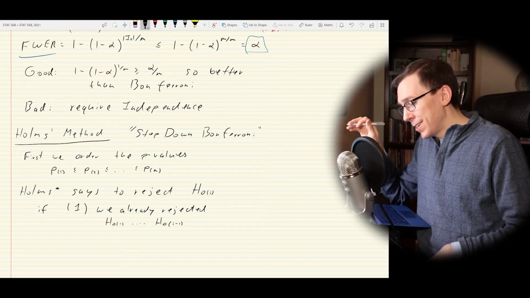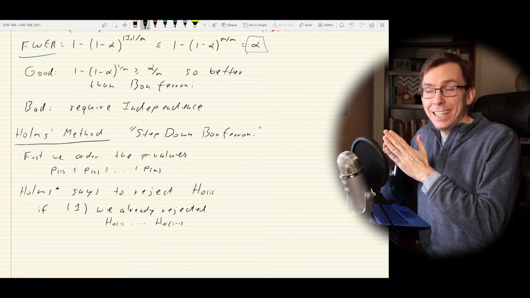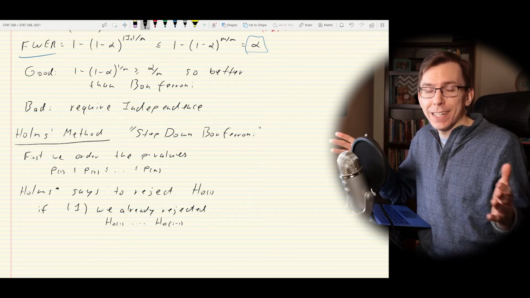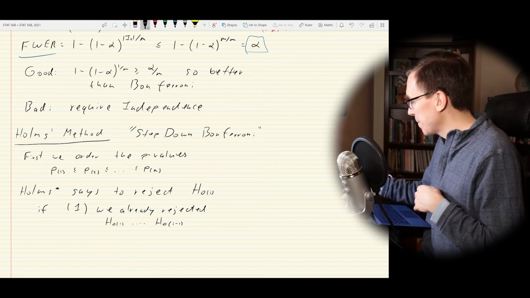So the first thing we have to do is reject the more extreme, the smaller p-values first, before we consider p(i).